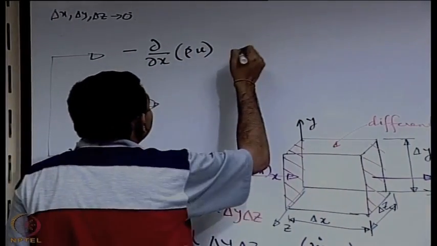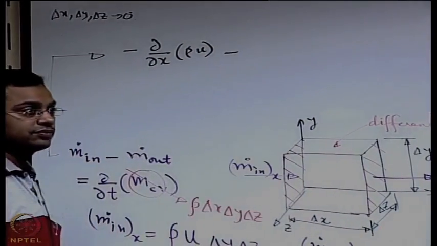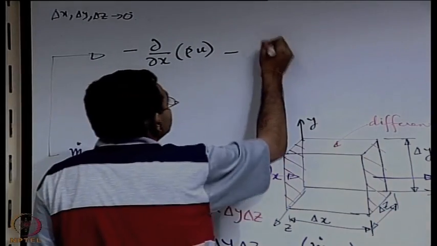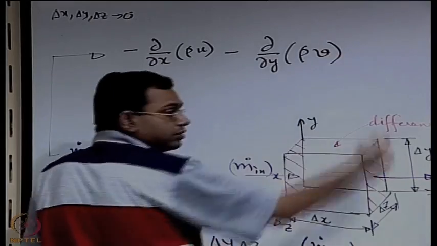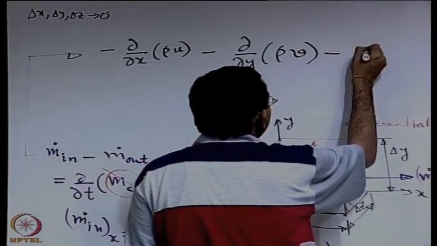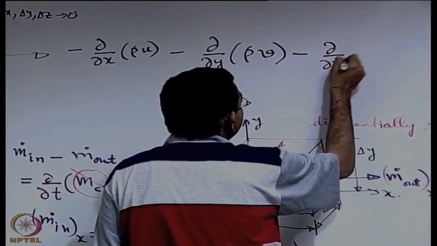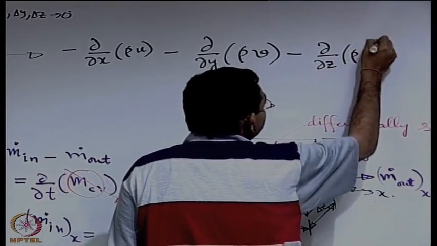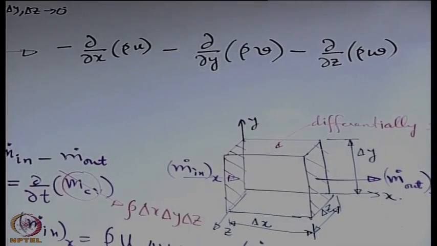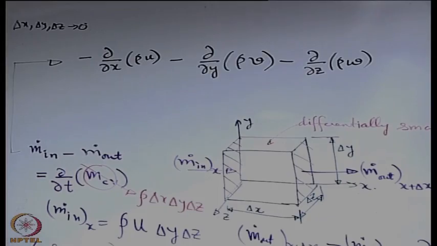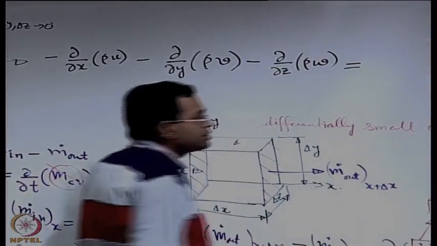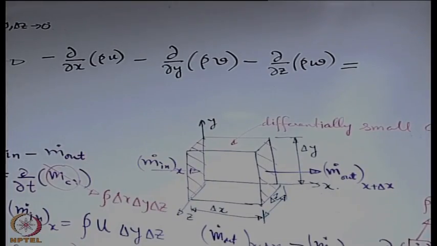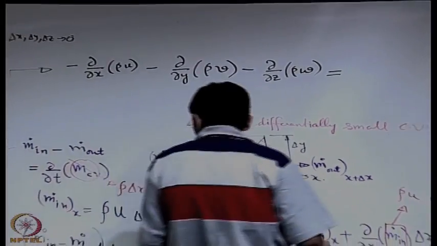Flow along y, what should be the term? And flow along z. So individual velocity components are responsible for flows along certain directions, and that is what we have to keep in mind. That is equal to what?